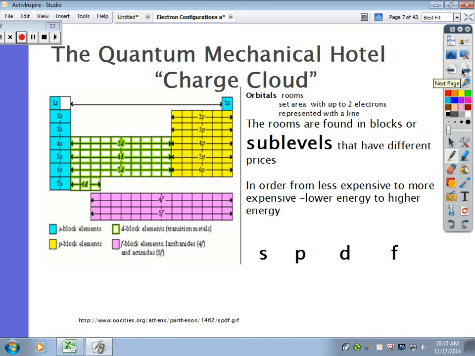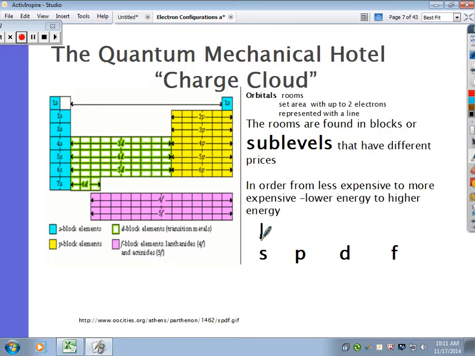Now, these rooms are found in blocks or sublevels, and these sublevels have different prices or different energy. We're going to order them from less expensive to more expensive, or lower energy to higher energy. This is kind of an odd concept I'm talking about. I'm like, why would I talk about a hotel in chemistry? So that helps you with that odd concept, because the S block has 1 room, or 1 line, or 1 orbital.